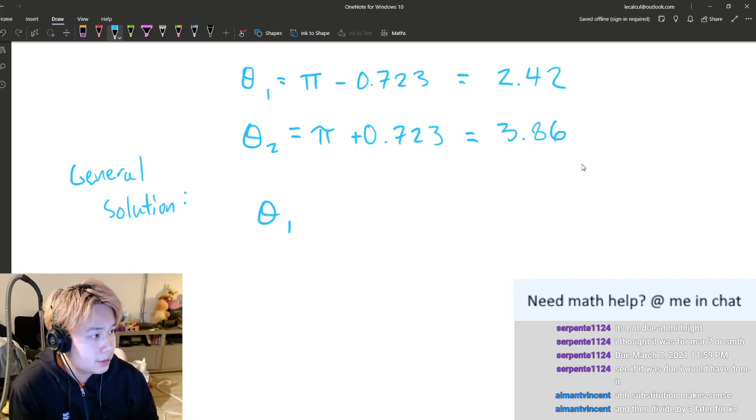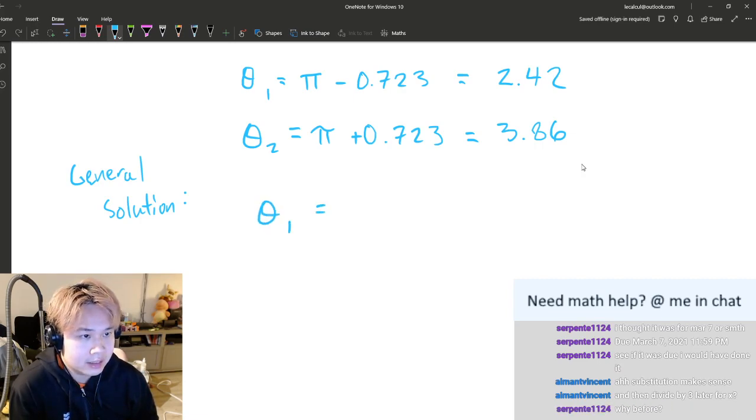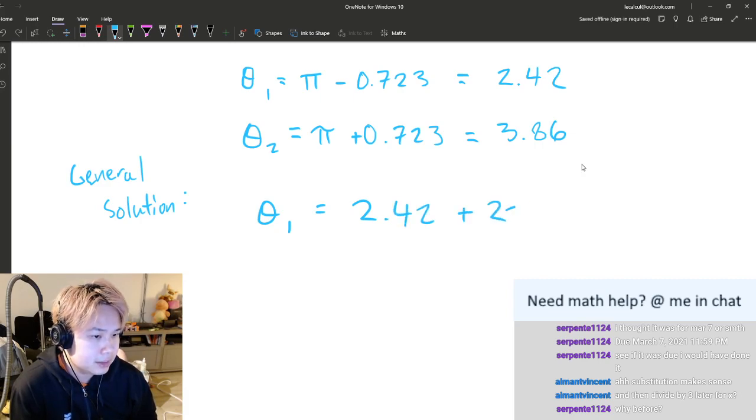So the general solution for all of theta 1s is 2.42 plus multiples of 2 pi. So then that means that 3x is equal to 2.42 plus 2 pi k.